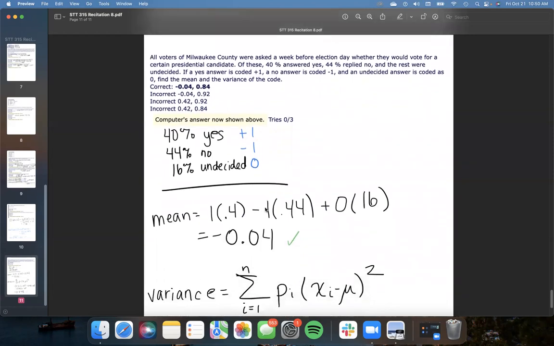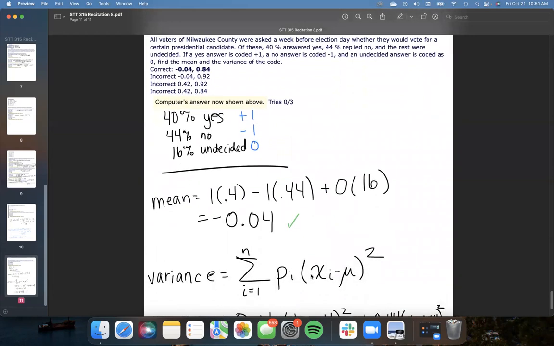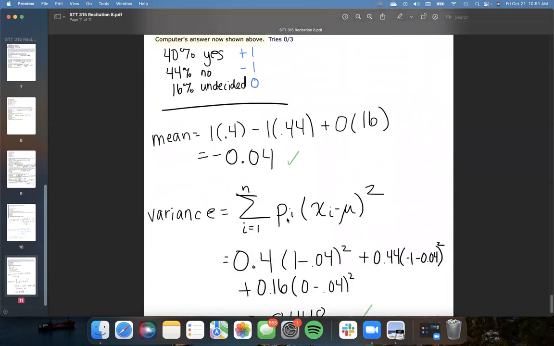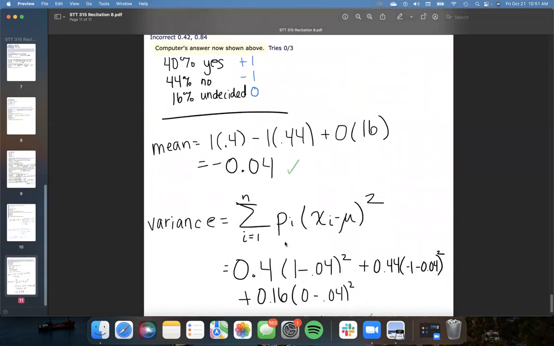And then our variance is the same equation we used before. So we have our p1 is 0.4. That's the probability. So our probability is 40%. So 0.4 times, here our code is 1. So 1 minus, and then we found that our mean is -0.04.